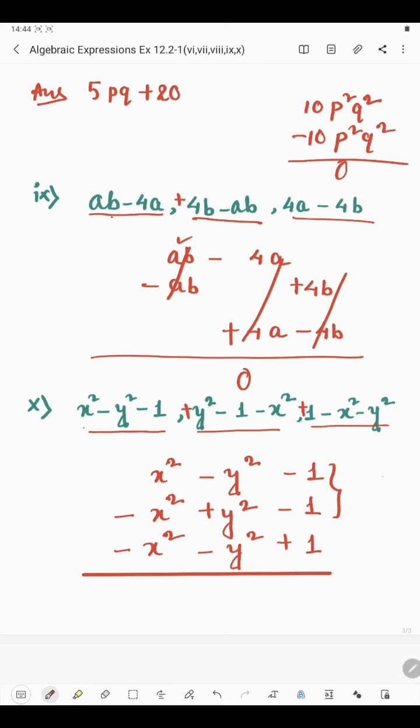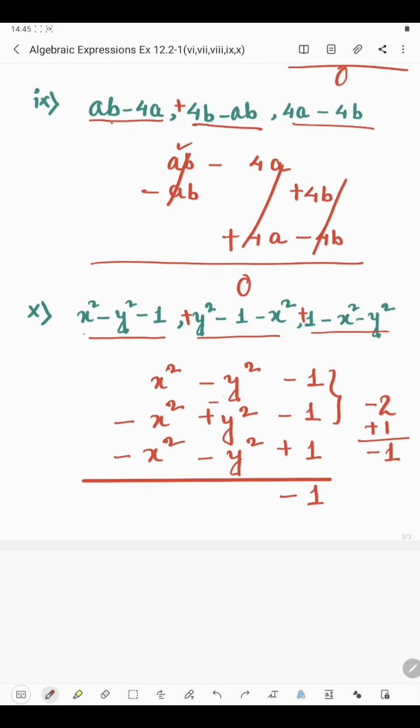So here 1 plus 1 is 2, but the sign is minus because both the digit is having minus sign. Now then we have plus 1. Now opposite sign means if there is opposite sign, that means we will have to do subtraction. So plus minus minus, so 2 minus 1 is 1, and sign of 2 is negative, so here will be minus 1. Okay.